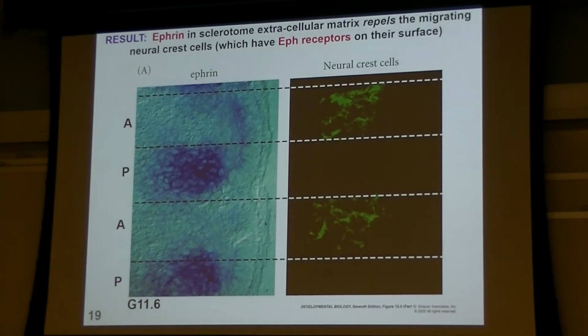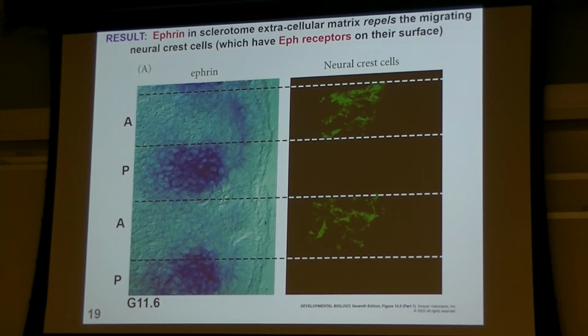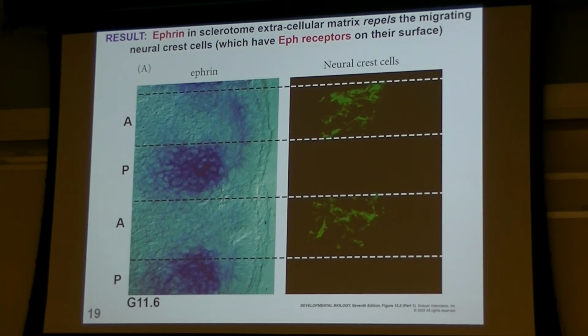So then people would like to know what some of these cues are. And one way to try to figure out what the cues are is to look for gene products that are expressed perhaps only in the anterior region of somites or only in the posterior regions of somites.